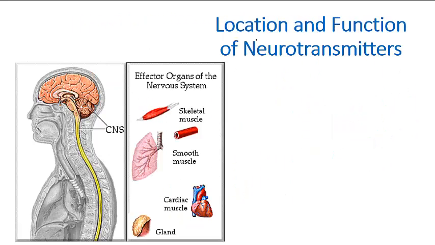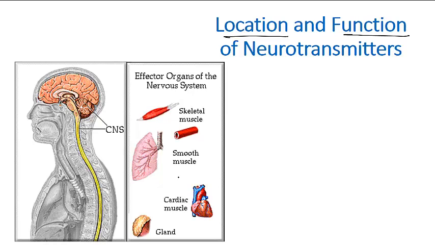Now if we talk about the location and function of these neurotransmitters, we have learned about acetylcholine and norepinephrine, and we found them in the central nervous system and also in effector organs of the nervous system. Here we will see all the other neurotransmitters of the peripheral nervous system, because that's also very important, right?